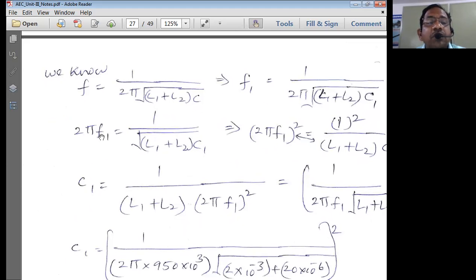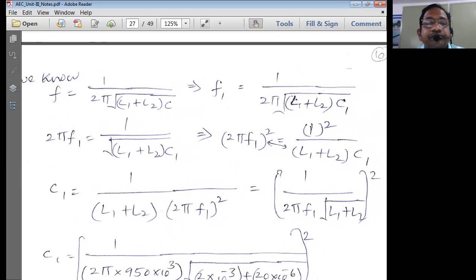Then next, we will look at the first frequency, 950 kilohertz. So this I can write as 2 pi f1 equal to 1 by under root of L1 plus L2 into C1. By squaring both sides, I can take 2 pi f1 whole square equal to 1 by L1 plus L2 into C1.